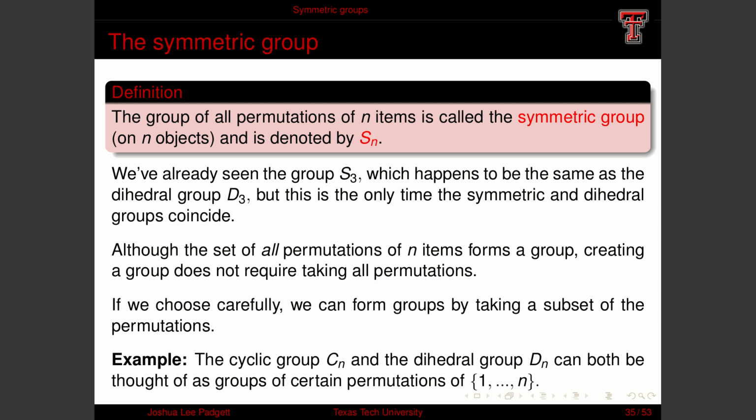So, for instance, the cyclic group and the dihedral group can both be thought of as certain sets of permutations. So the idea is that we can realize both of these as permutations. The cyclic group should be pretty easy. They're just the rotations, right? Send everybody to its neighbor. The dihedral group can be thought of as sending everybody to its neighbor, but also flip-flopping some elements as well.